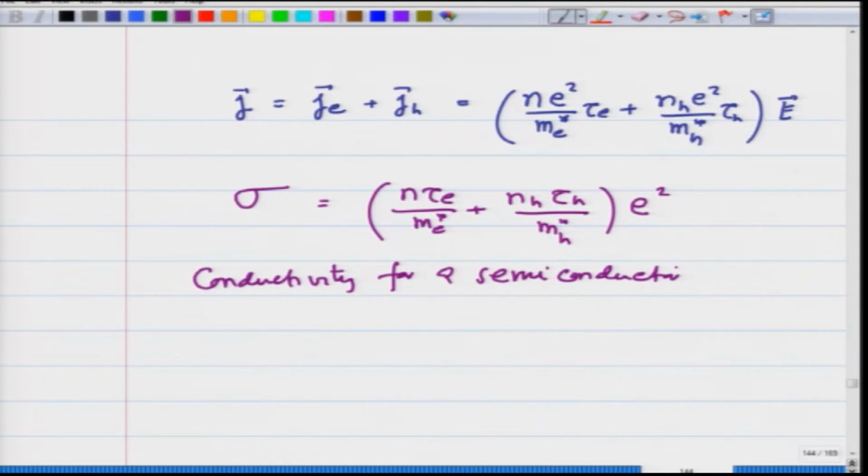In the semiconductor, researchers or people who use semiconductors, a slightly different terminology is used called the mobility.